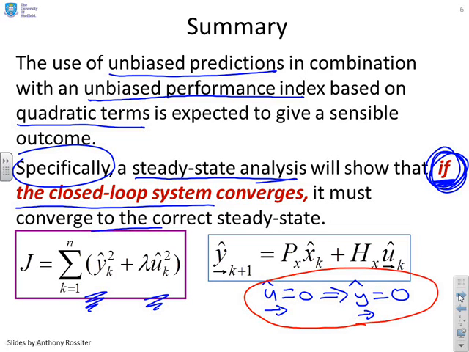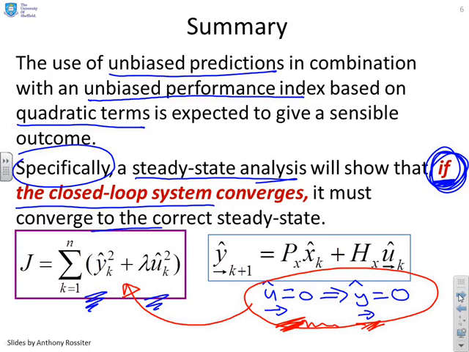So we said if you're already in the correct steady state and you propose that you don't change the input, then your prediction should give you the output does not change. So that's what I've put in this red circle. And clearly, if you minimize this performance index over here, the smallest you can get is 0 because you've got sums of squares terms, and you can see that if you put u future equals 0 and y future equals 0, you do indeed get 0.